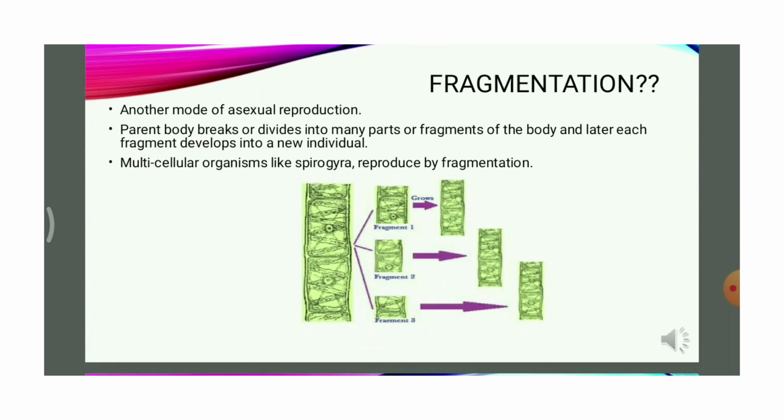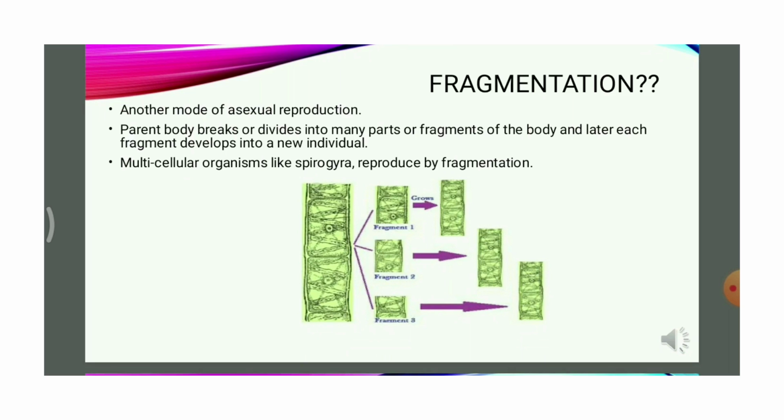It is also another mode of asexual reproduction wherein the parent body breaks down into many fragments or parts. Fragmentation is nothing but formation of fragments or parts of the body, and later each fragment or each part of the body develops into a new individual.